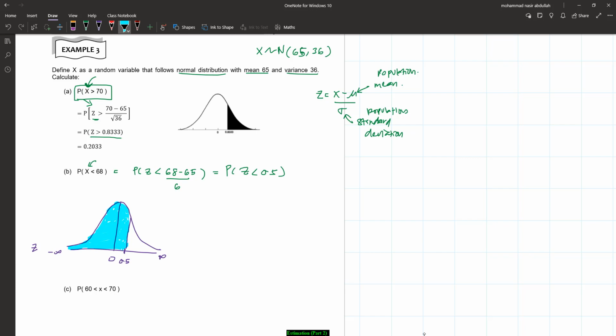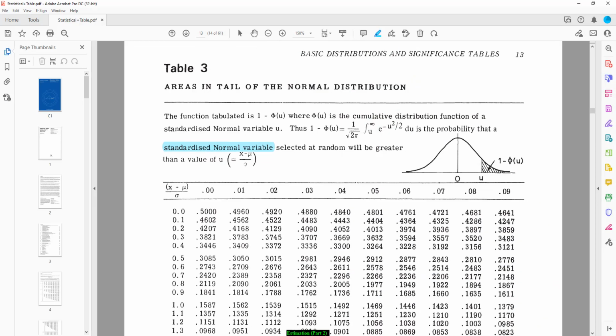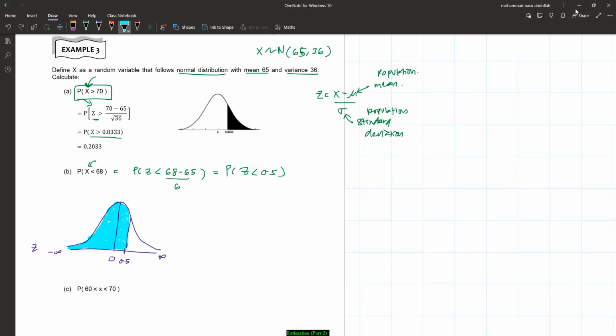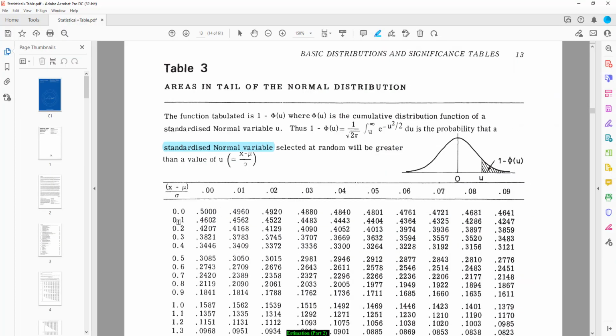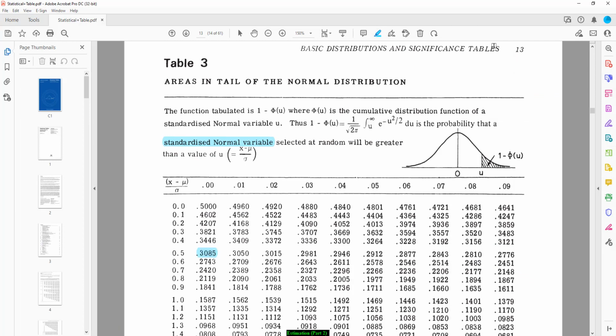If we look in the statistical table, they give the value to the right, but we want the value to the left, so we can do a manipulation: 1 minus the probability of z more than 0.5. For 0.5, the table value is 0.3085.